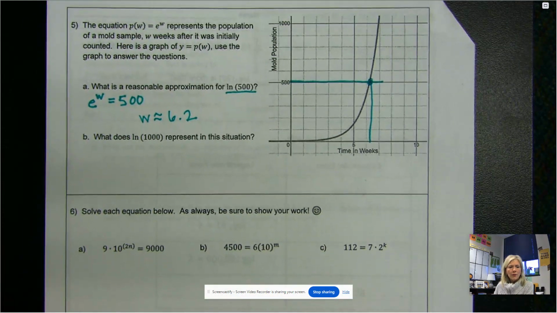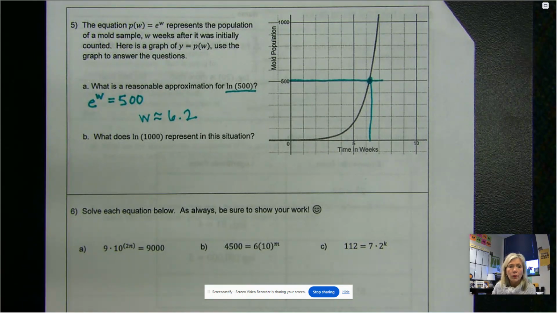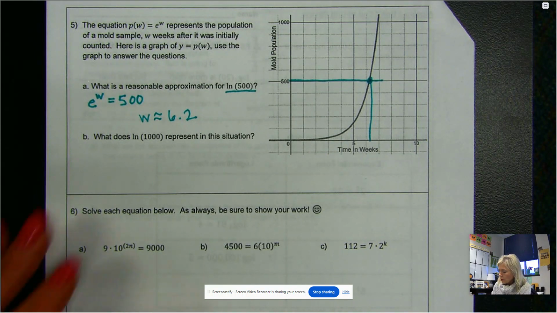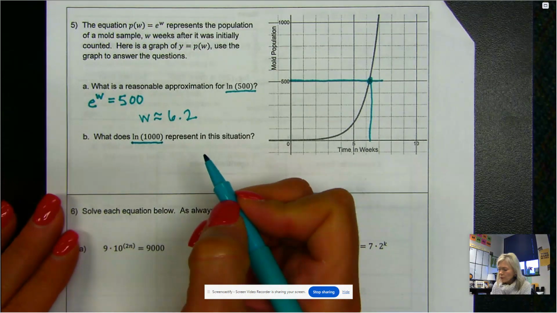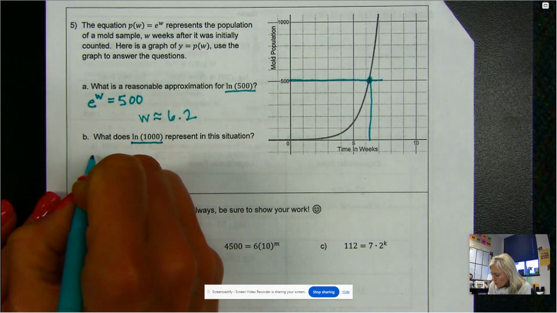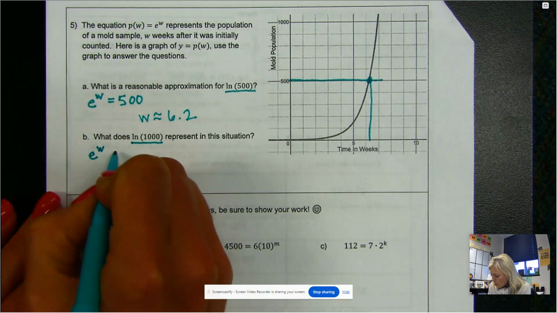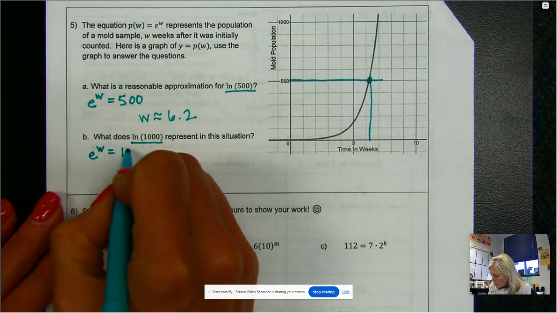And then what does the natural log of 1,000 represent in this situation? Again, if we look at this natural log of 1,000, we'll be looking at e to the w equals 1,000.